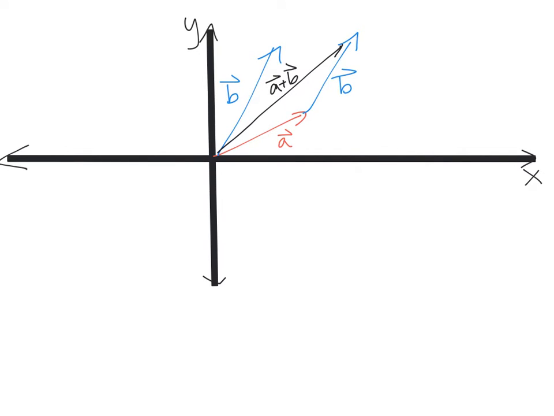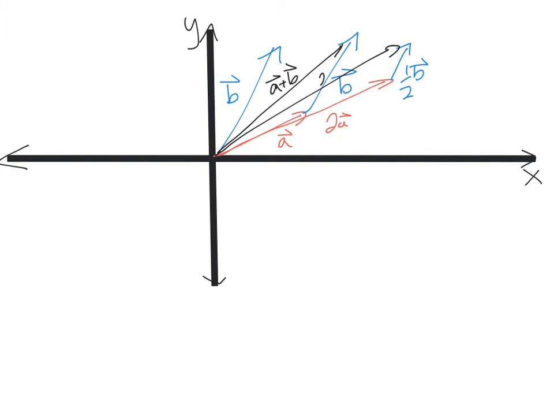Now say I multiplied A by 2. So now I'm getting 2A. And I'm multiplying B by half. So I just made it shorter by half. Now we get this vector right here.